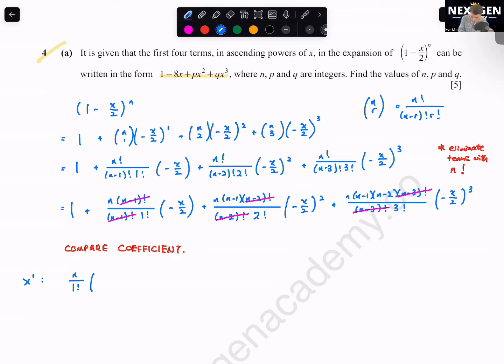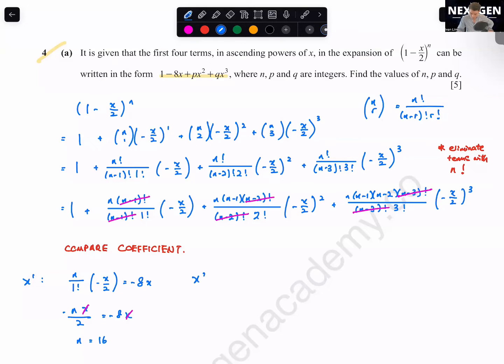N over 1 factorial minus x over 2 is equals to minus 8x. Okay, if you're not confident, just write down the x's. Minus 8x. How can we simplify this? N is then minus x over 2 equals to minus 8x. X and x cancel off. N is equals to positive 16.